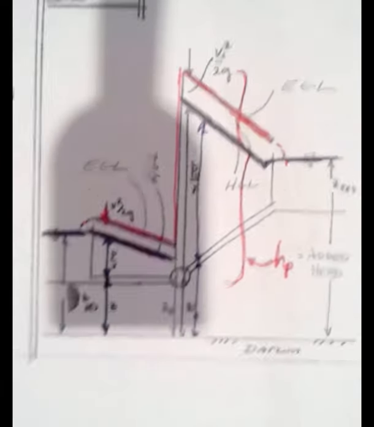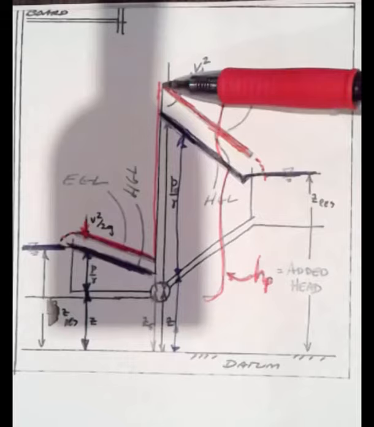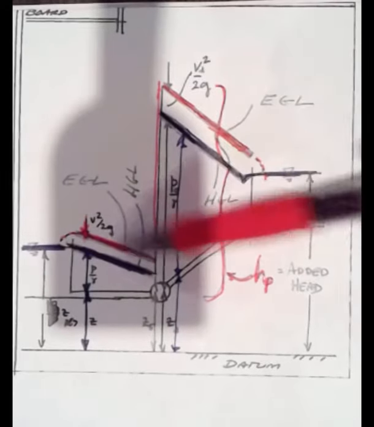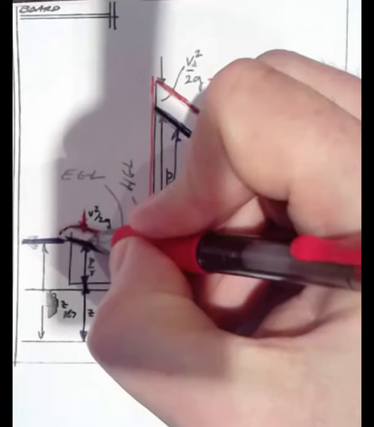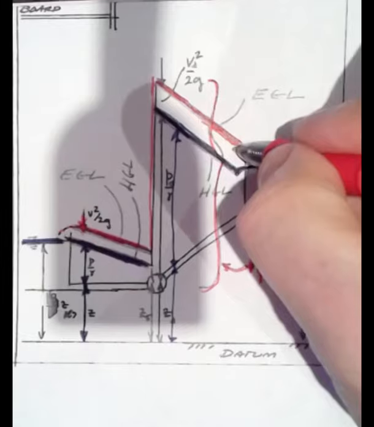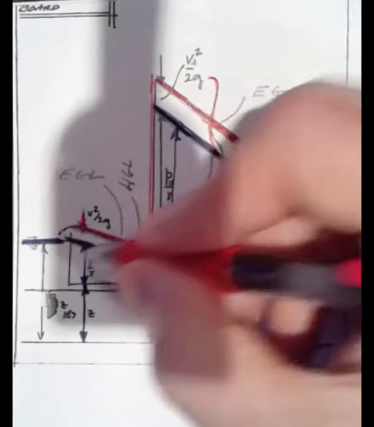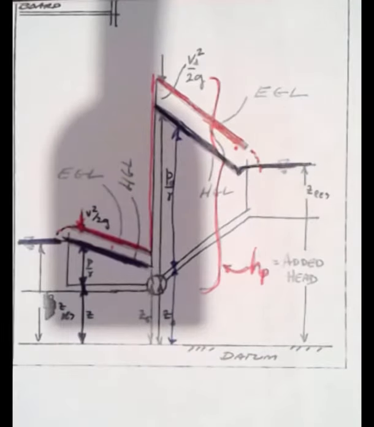I believe your textbook has a probably superior description of these, but from understanding the relative positions, remember the head loss in here was quite a bit different than here. This was 7 times velocity head and this was 4, and so the slopes will be different, and the slopes of those lines are related to the head loss, or the rate of head loss.